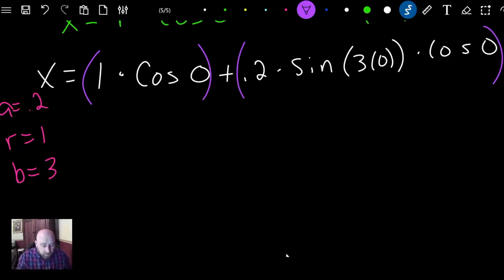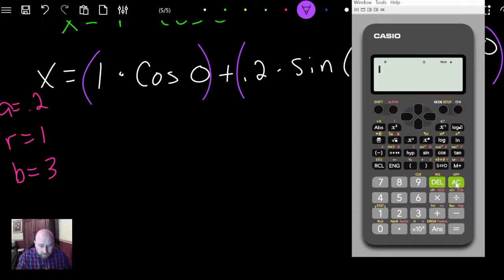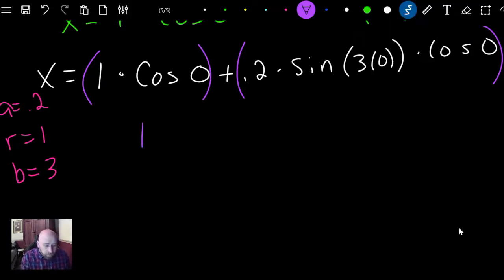1 times the cosine of 0. So what is the cosine of 0? Cosine 0 equals 1. 1 times 1 is 1. Plus whatever we get over here. So 0.2 times the sine of 3 times 0, so that would be times the sine of 0.